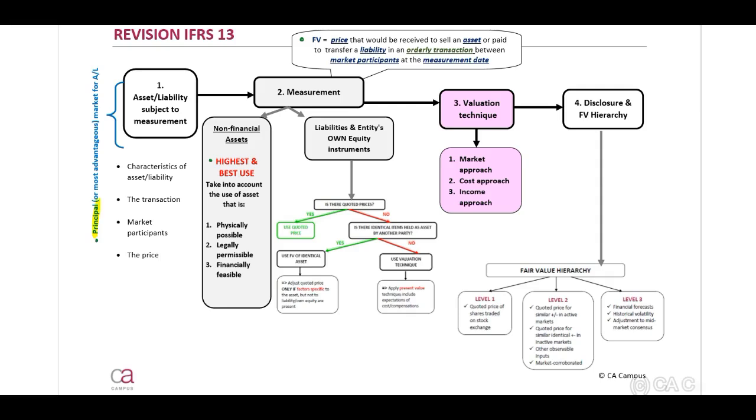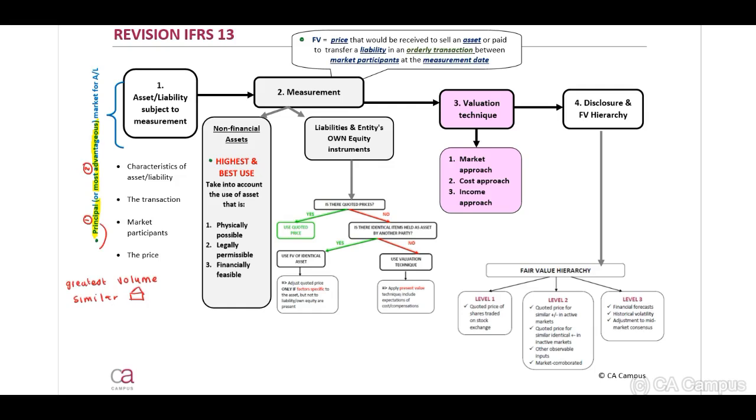If this is not available, the most advantageous market should be used. Therefore, always first option, the principal market. Not available, your most advantageous market. Remember, your principal market will be the market with the greatest volume and level of activity for similar buildings in this scenario.